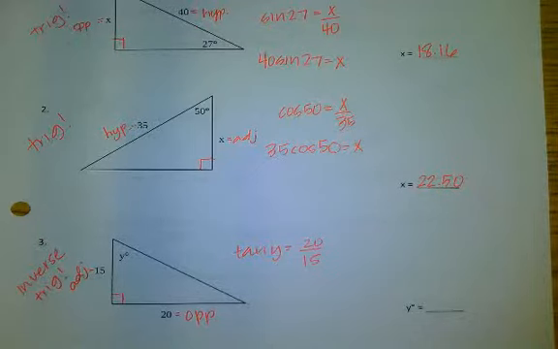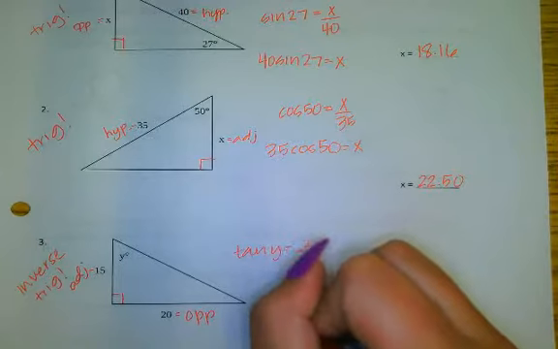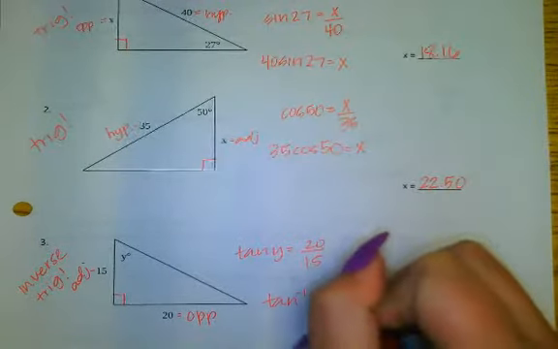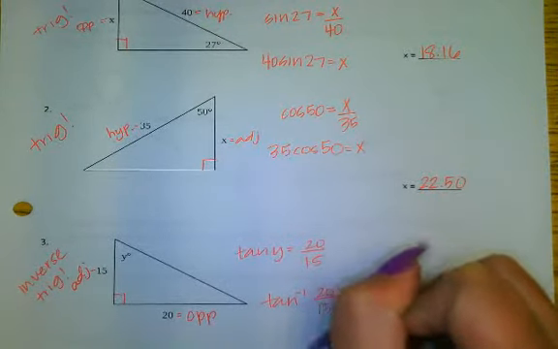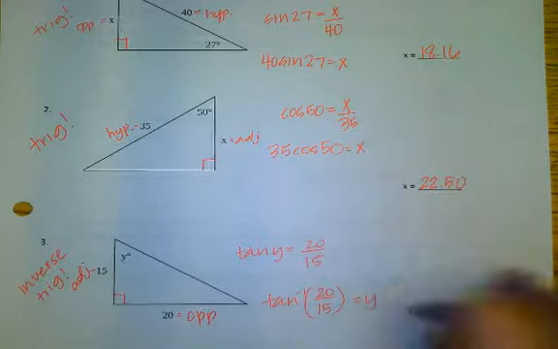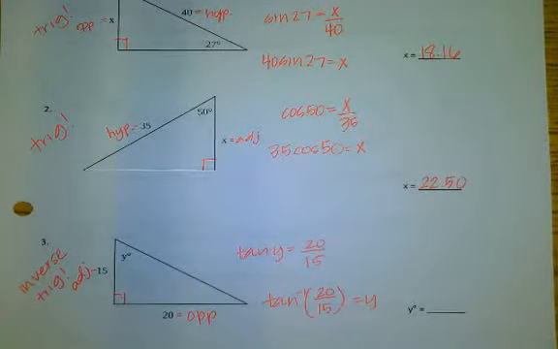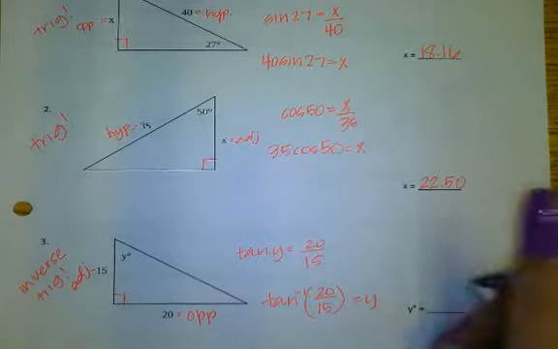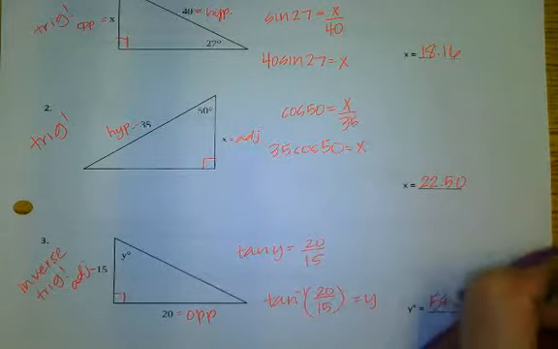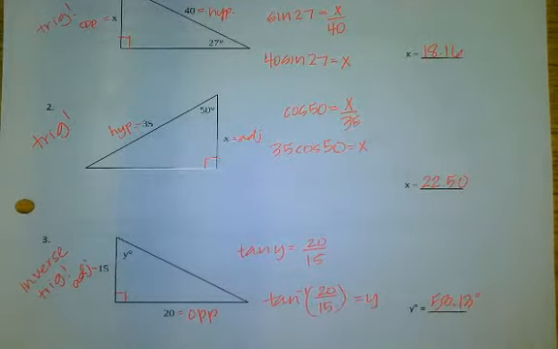What's my equation? Tan inverse of 20 over 15 equals y. Okay, and what did you guys get for the degree? 52.1. Awesome. Degrees, make sure you have your units.